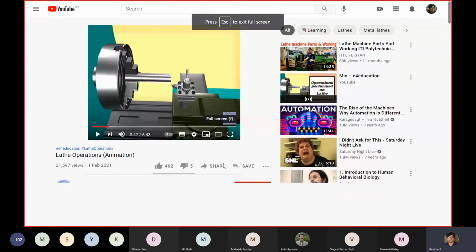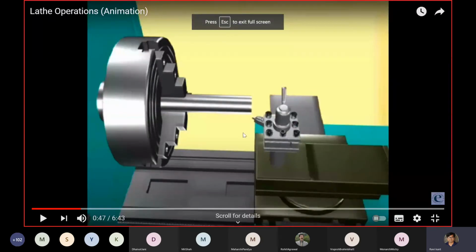So I have one question to ask. This is your workpiece and this is your tool. What is the reason that the tool cuts the workpiece, and not the other way around?